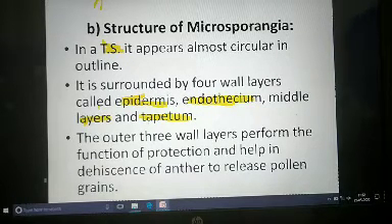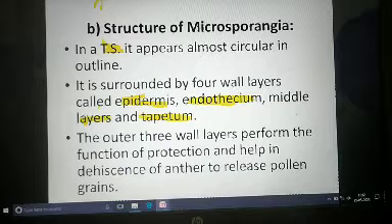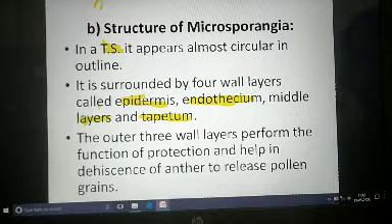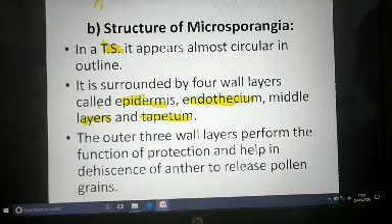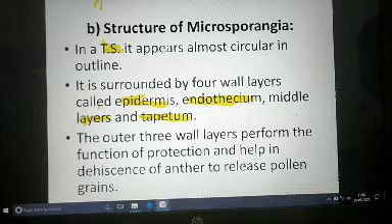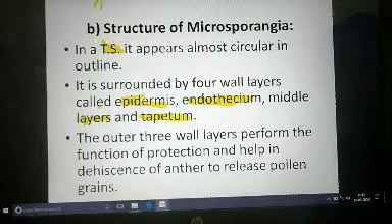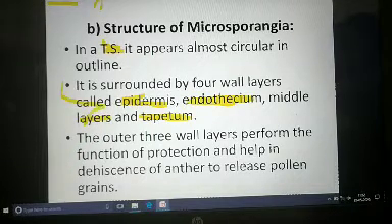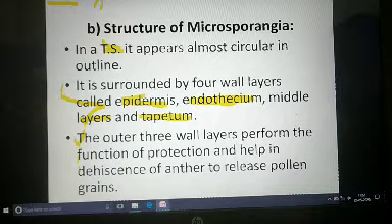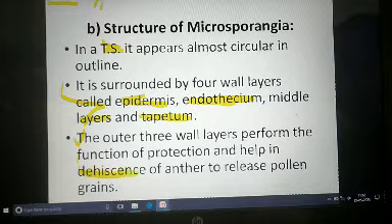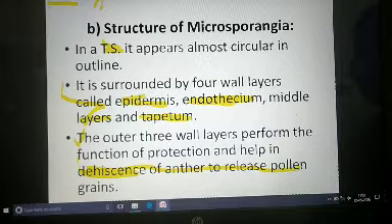The outer three walls perform the function of protection and help in dehiscence of anther to release pollen grains. When the pollen grain has to be released outside, the wall of the anther has to split, which in biological terms we call dehiscence.